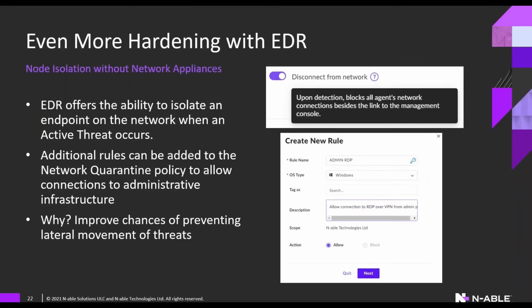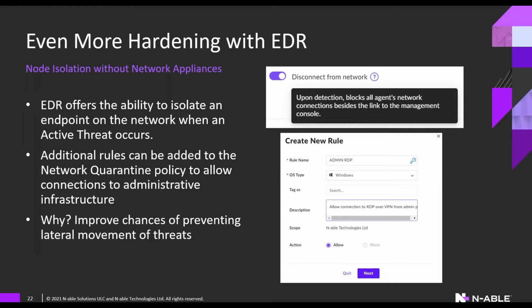Of course, there's even more with the network capabilities of the EDR agent. EDR has the ability to isolate an endpoint when there's an active threat. And then you can add additional rules to allow communication to support infrastructure, to management infrastructure.